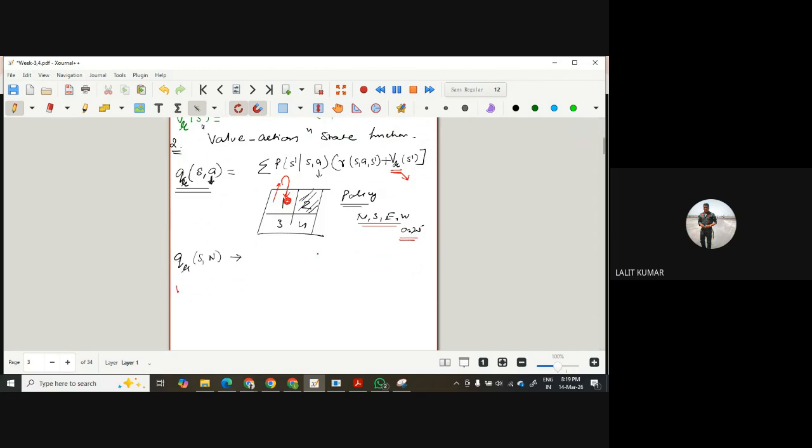Now if you consider V pi of S, you can write it as the sum of pi S over A times Q pi S over A, because the second part of V pi S is the same as Q pi S. So this is one important thing. Any discussion on this concept?